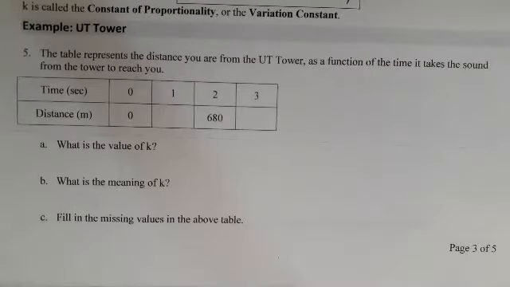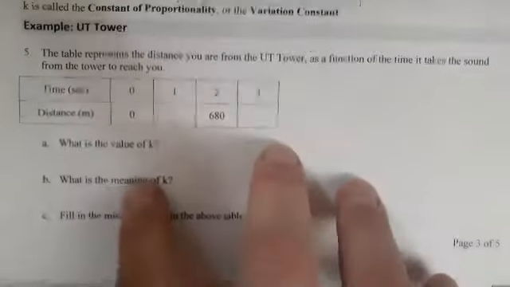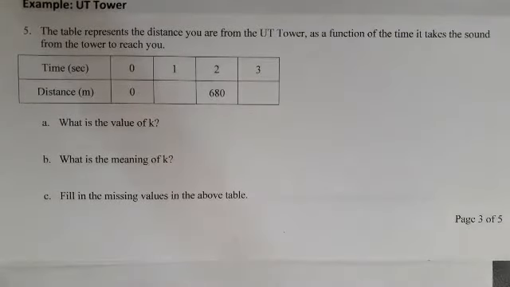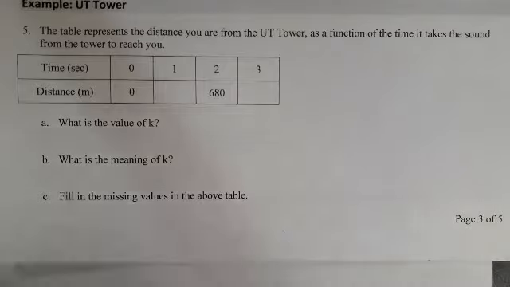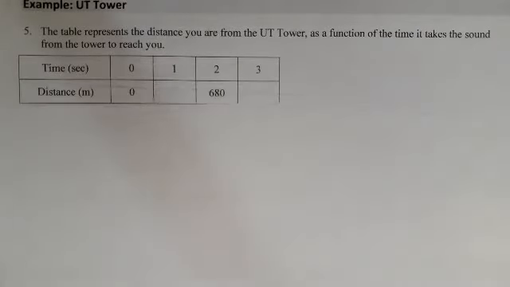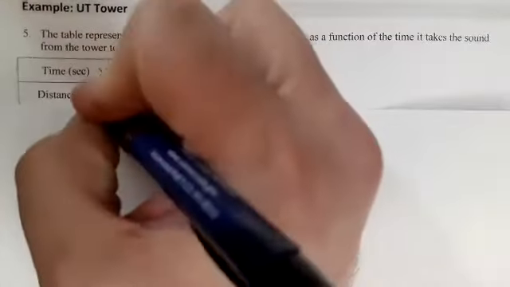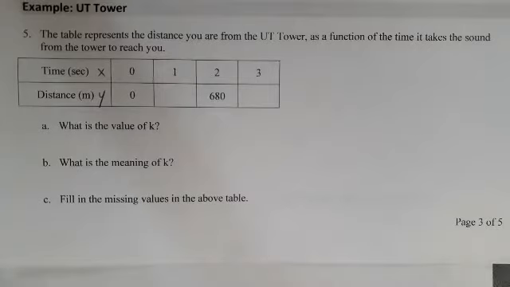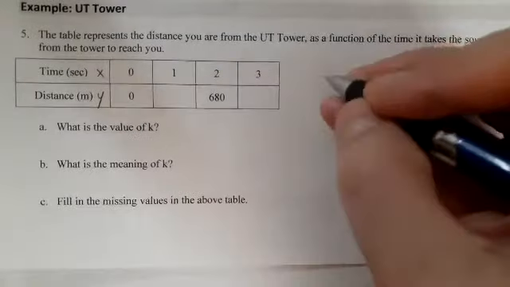So we have an example here, the UT tower. The table represents the distance you are from the UT tower as a function of the time it takes the sound from the tower to reach you. So what is the value of k? This is like my x. This is like my y. And I know it varies directly.